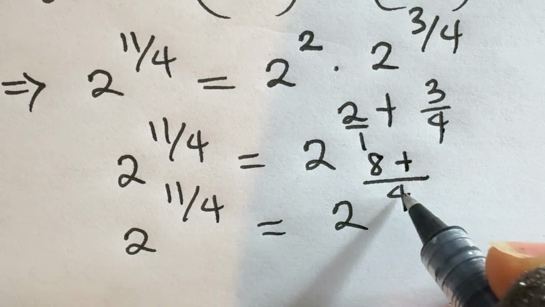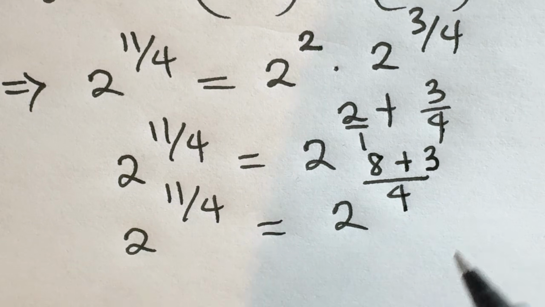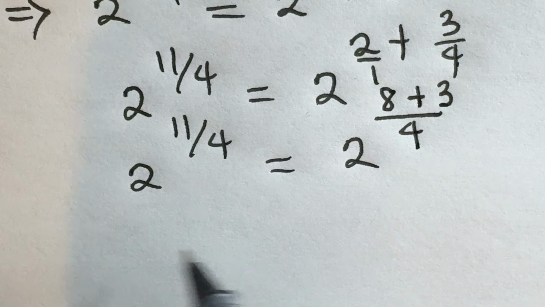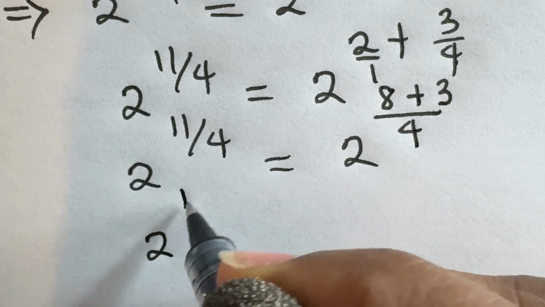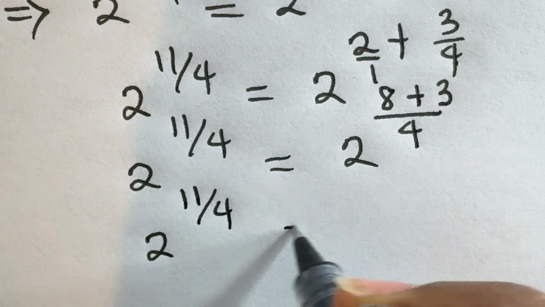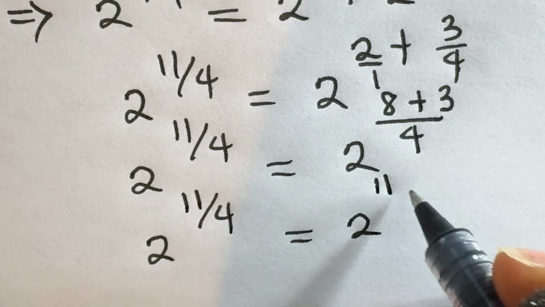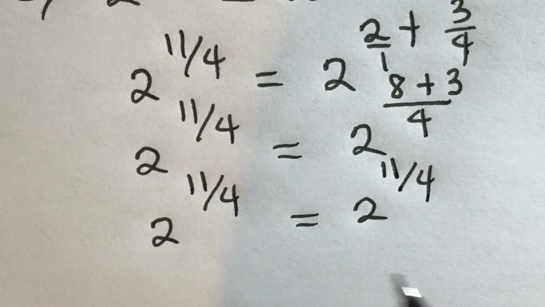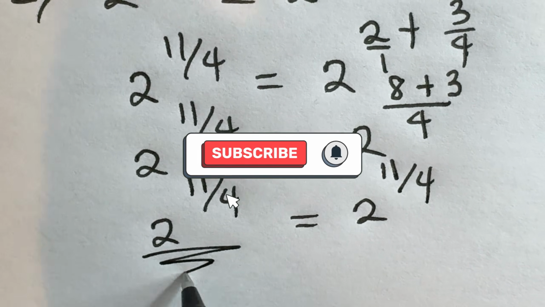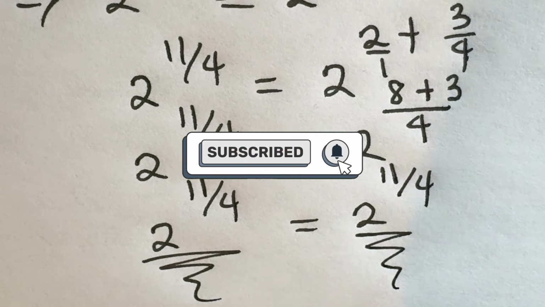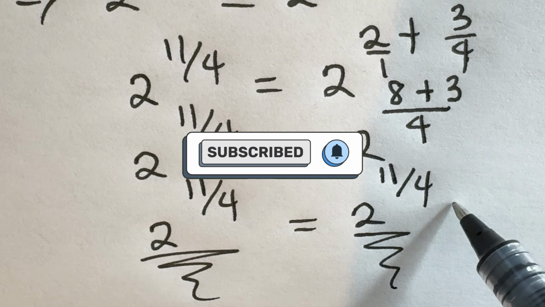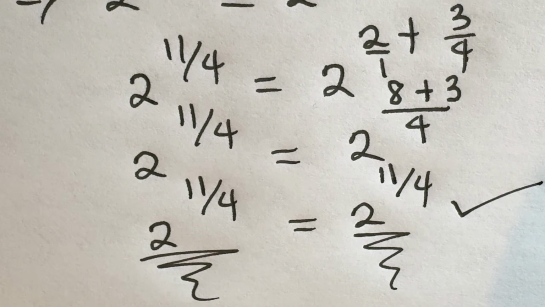Plus 4 in 4 is 1, 1 times 3 is 3. Therefore, we have 2 raised to power 11 over 4 is equal to 2 raised to power 8 plus 3 is 11 over 4. Therefore, the left-hand side balances the right-hand side, and that confirms that the value we got for x is perfectly correct.